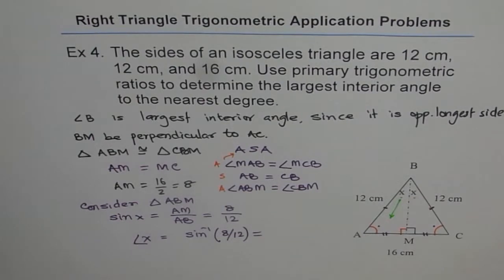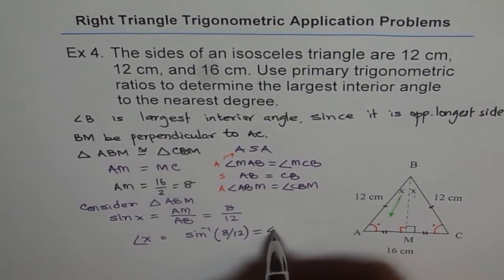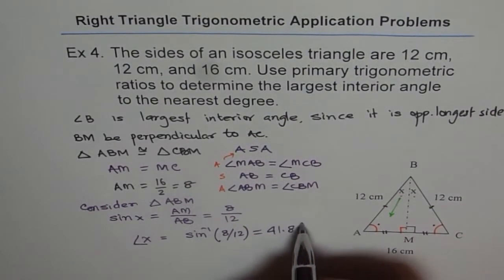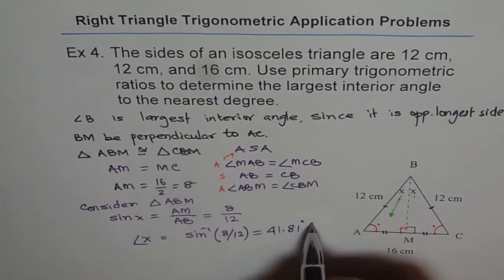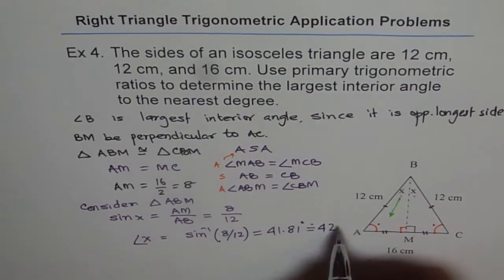So second function, 8 divided by 12, bracket close, equals 41.81 degrees, which could be approximated to 42 degrees.